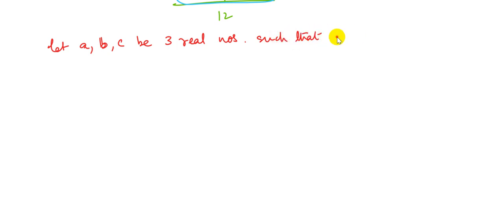Now let's look at a slightly different problem. Let A, B and C be three real numbers such that A is equal to A square plus B square plus C square.